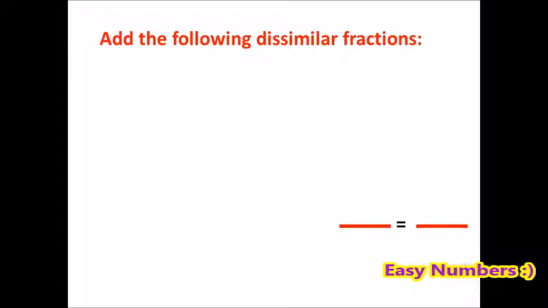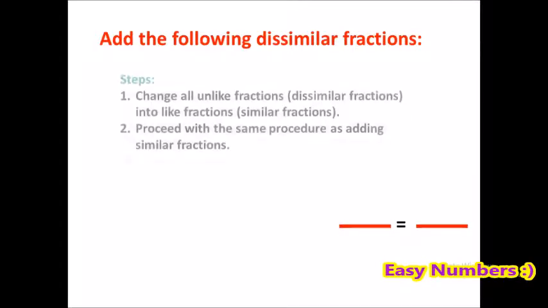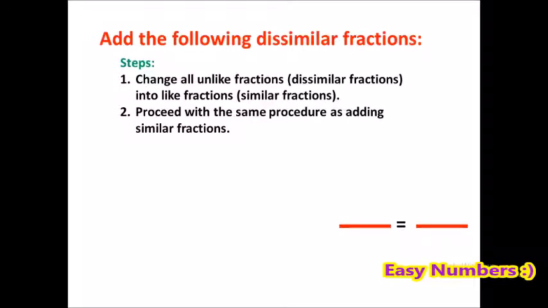Now, let us add dissimilar fractions. Steps are, number 1, change all unlike fractions or the dissimilar fractions into like fractions or into similar fractions. Step 2, proceed with the same procedure as adding similar fractions.